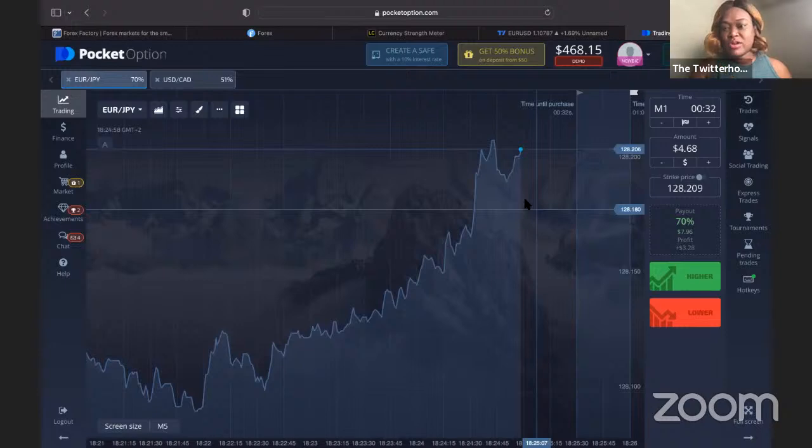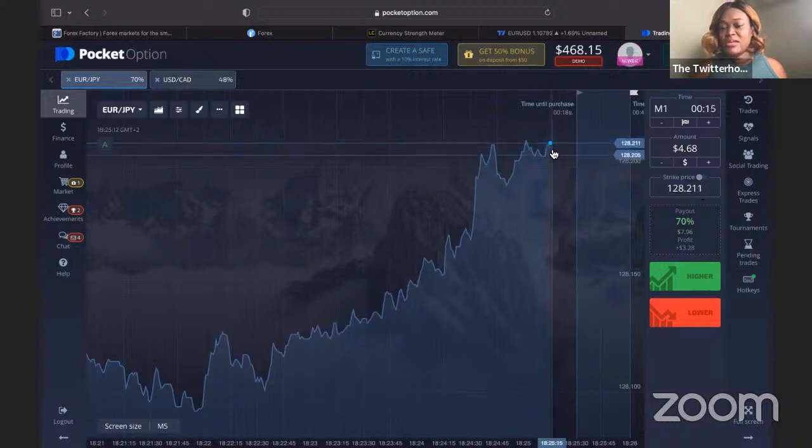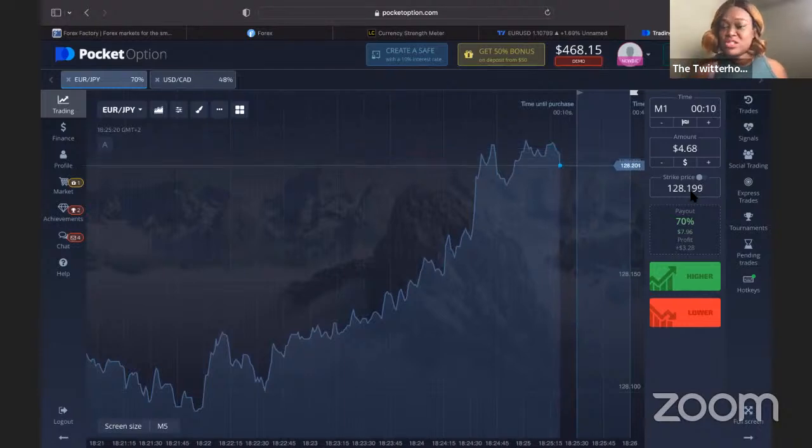So currency pair, time, strike price. So here you see price is constantly moving. It's 128.20 something, right? It's nonstop, right? So you're going to pay attention to the last 3 numbers. I'm just going to call out the last 3 numbers.